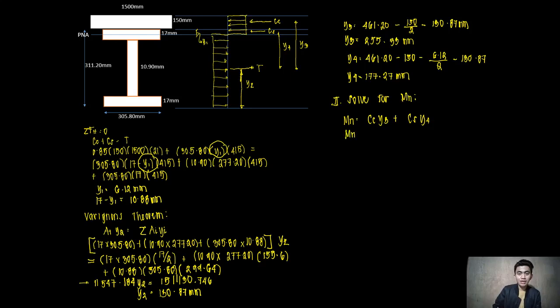Our nominal moment capacity will therefore be: C sub C is 0.85 times 150 times 1,500 times fc prime, which is 21, times y sub 3, which is 255.33, plus C sub S. Take note that C sub S is still the area, 305.80 times 6.12, times Fy, which is 415, times y sub 4, 177.27.